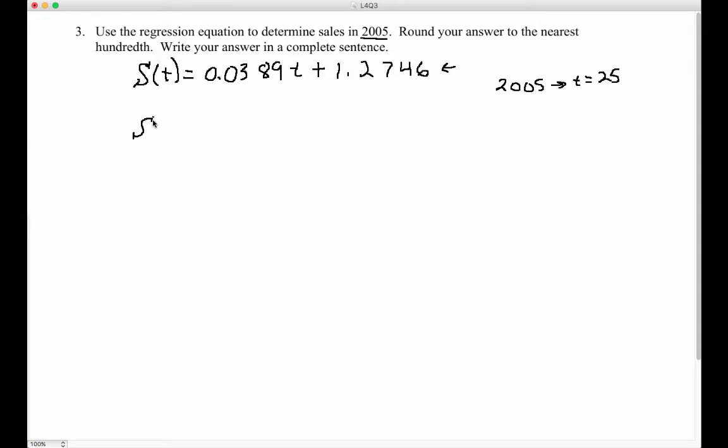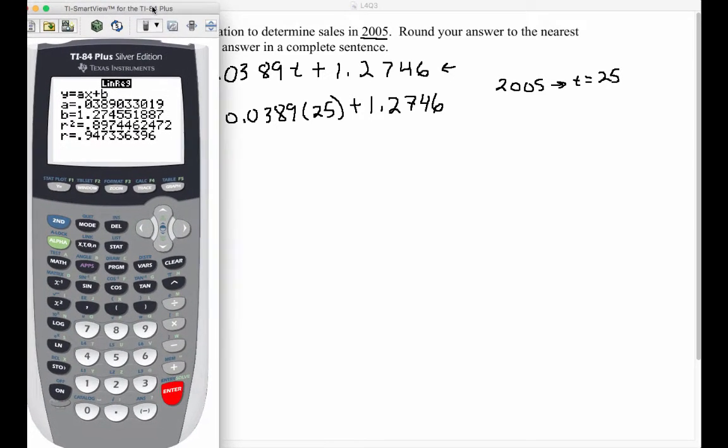So we're going to look at S of 25, which is equal to 0.0389 times 25 plus 1.2746.